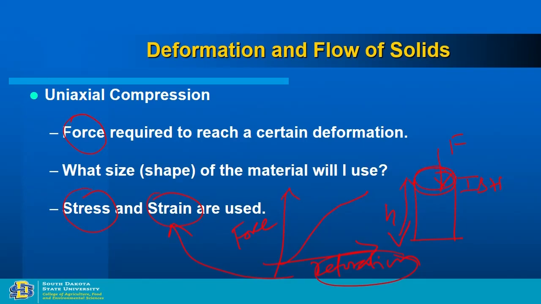Make sense? So using force deformation data as it is may not be the correct way to approach it. It's always a good idea to convert that into stress and strain, and in that way you have already accounted for your sample dimensions and your results can be compared to their results.